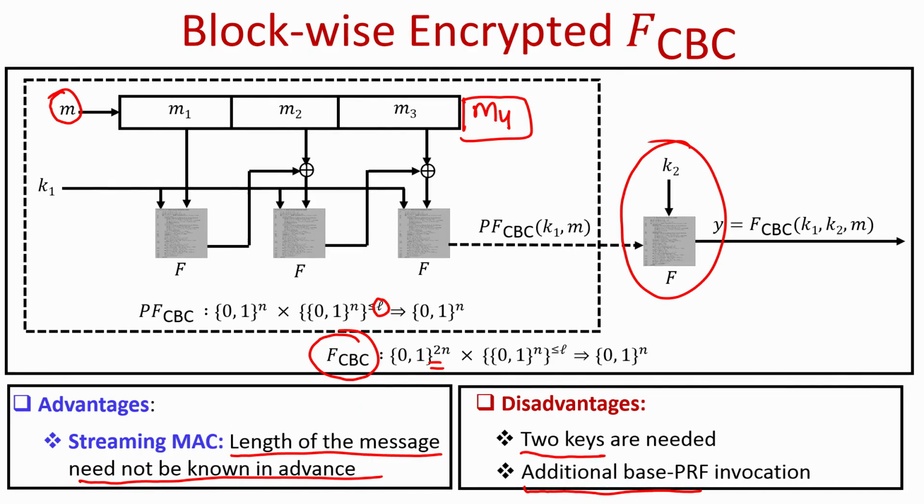So, you have the trade-off here. If you want a streaming MAC, then this really is a very good construction, but you need to pay something for that, namely you need to operate with two keys, and you should be willing to have an additional PRF invocation here.